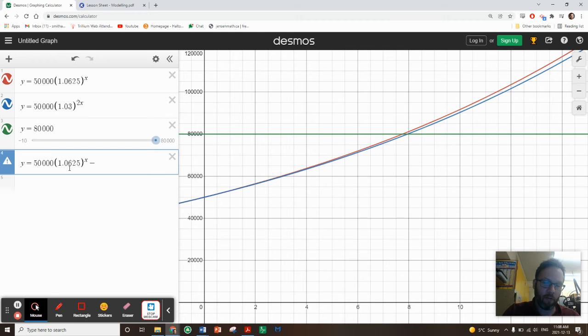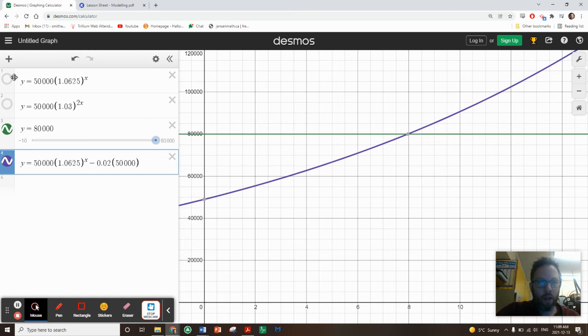Well, 2% of 50,000 is $1,000. I believe I just did that on my calculator. I believe you can make Desmos calculate this. And you can see we got a new graph there that just shifted the original one down by a little bit.